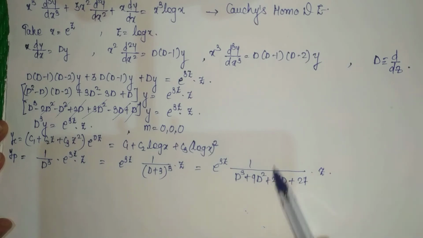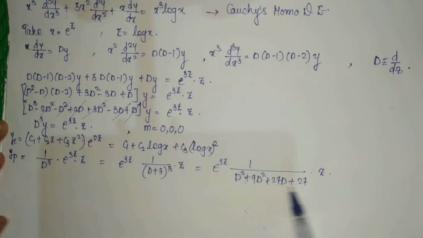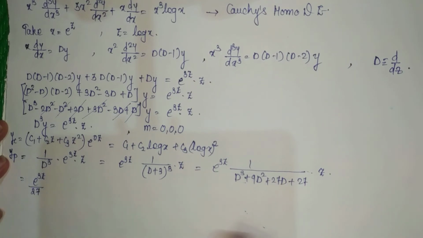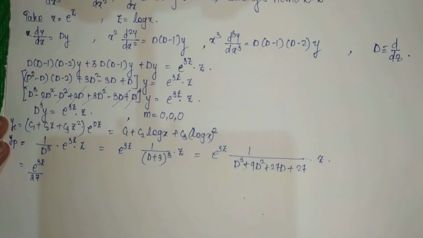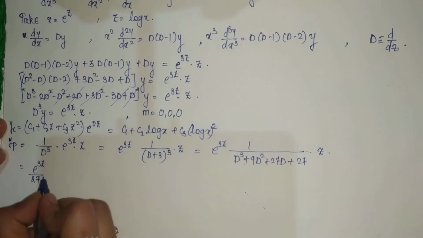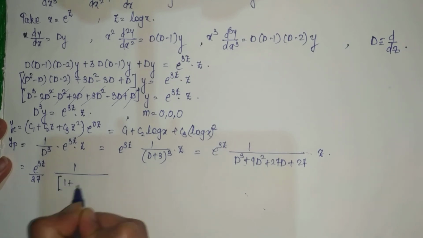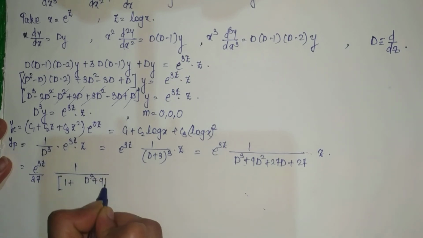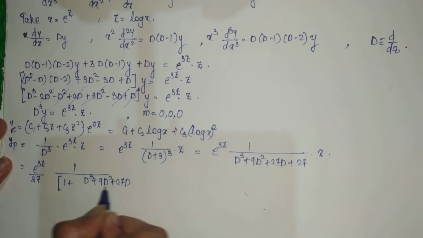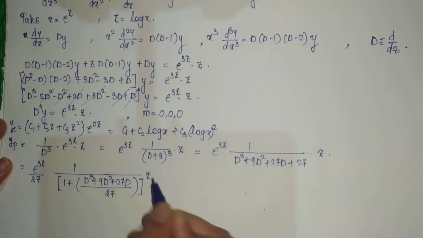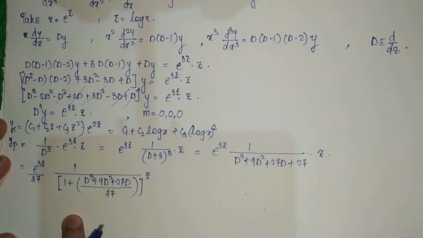So we will apply the 1 upon f(D) into x rule. For that we have to take the lowest degree term outside, which is what? 27. So let us take 27 outside. Okay, so we'll get 1 + (D³ + 9D² + 27D)/27 over z. Now we will expand this by using the series expansion of 1 upon 1 + x.